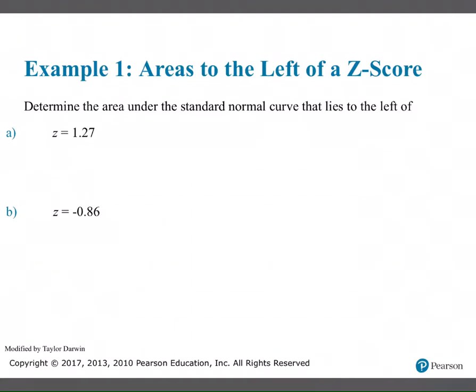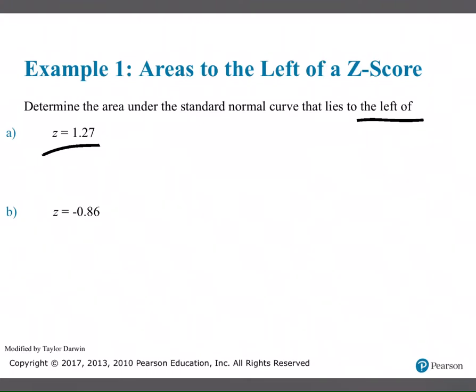Okay, so again, this is just practice, and it says find the area to the left, determine the area under the standard normal curve that lies to the left of a given z-score. You need to break this up: 1.2 is going to be the vertical, and that 7 is where you're going to find the horizontal, and you need to see where they meet. It says to the left because that's the area that you're given, that's just your answer.